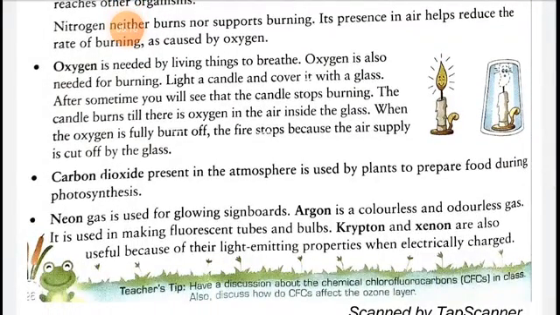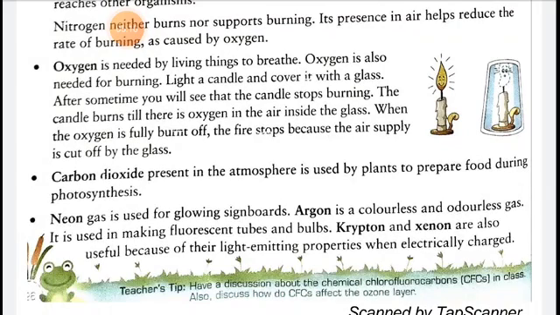Carbon dioxide present in the atmosphere is used by plants to prepare food during photosynthesis. As you know, it is very common and all of you know about it. Next is neon. Neon gas is used for glowing signboards. Argon is a colorless and odorless gas used for making fluorescent tubes and bulbs.